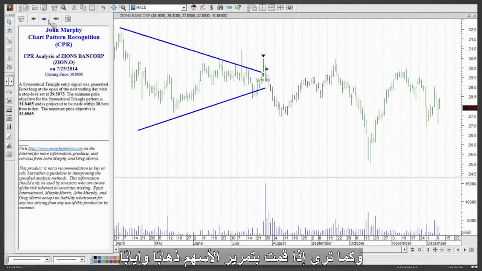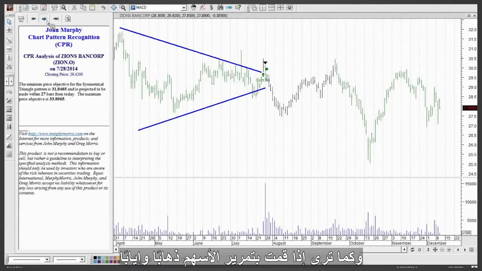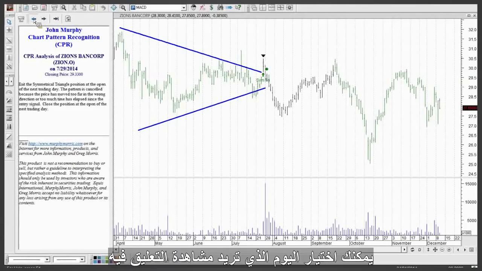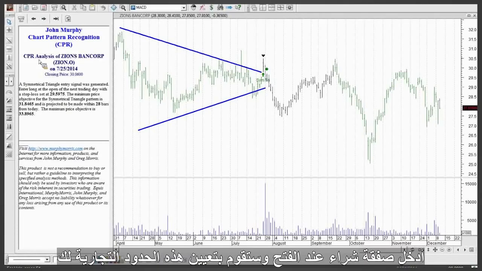And as you can see, if you scroll the arrows back and forth, you can pick the day in which you want to see the commentary. So the symmetrical triangle entry signal was generated. Enter long at the opening, and it's going to set the trade parameters for you.